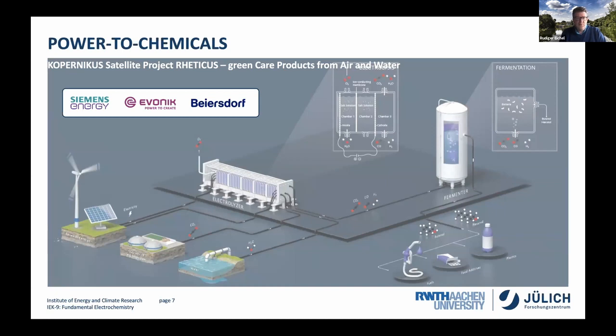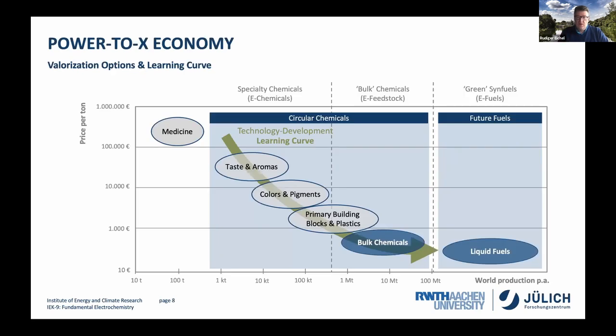It's termed Reticus, where we produce green care products simply from air and water and from renewable electricity by adding all the steps we need to a complete power-to-X value chain, starting from CO2 electrolysis, using fermentation, and then ending up at a green care product. And so now this paves the way towards a roadmap.